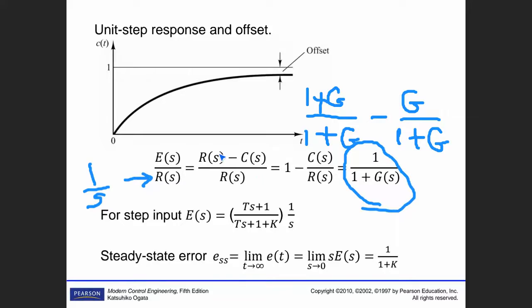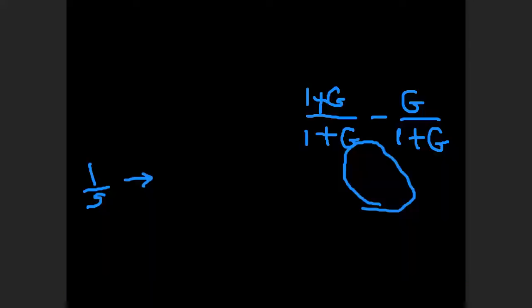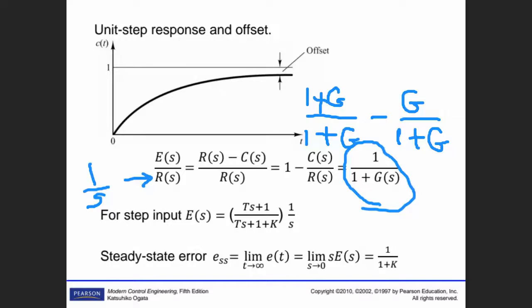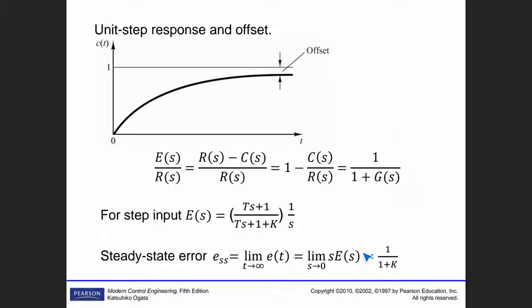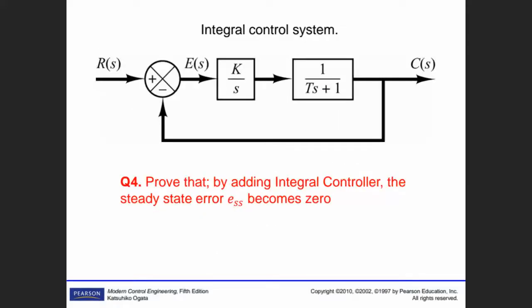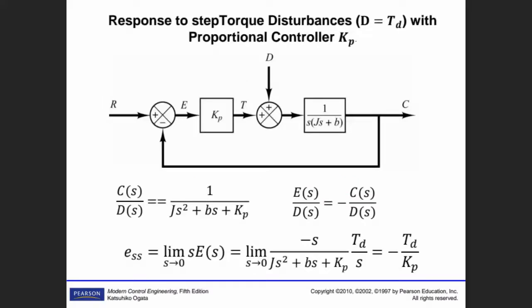If you use a proportional constant here, the error is equal to this. Of course, a high K is nice, but the error is not 0. But instead, if you use an integral controller, then the error becomes 0. I have already proved that one to you the week before on the pad. However, another point is important.